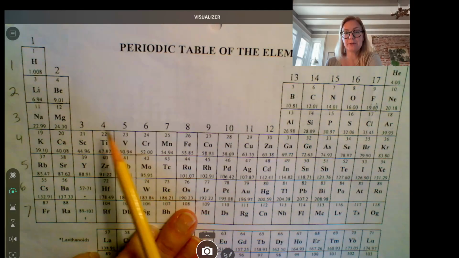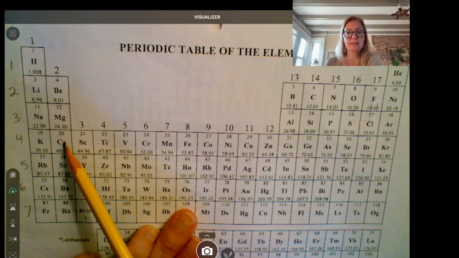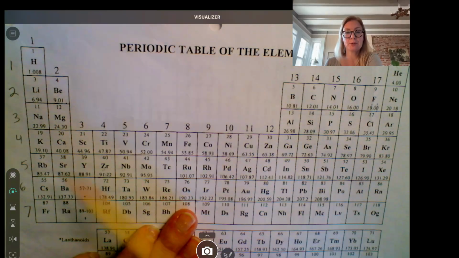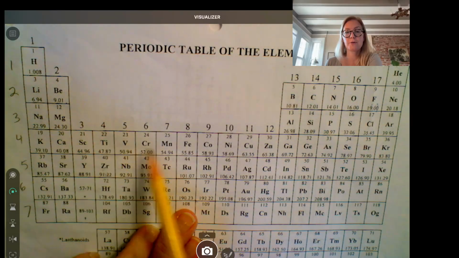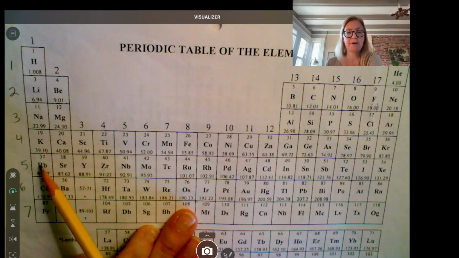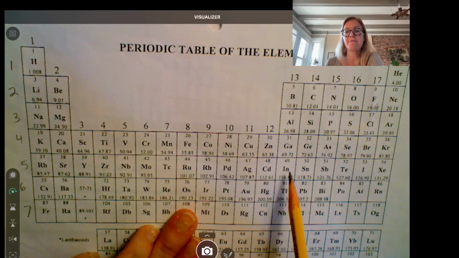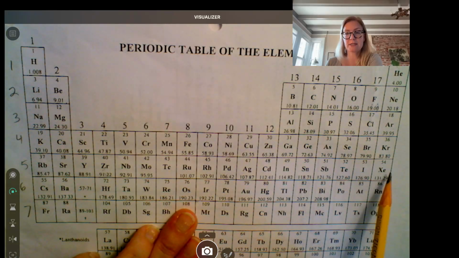Okay, so the D block is one level behind, but the S and the P are on level. So it's 4s2, 3d10, 4p6. Okay, 5s2, 4d10, 5p6. So once again, the D block was one level behind.